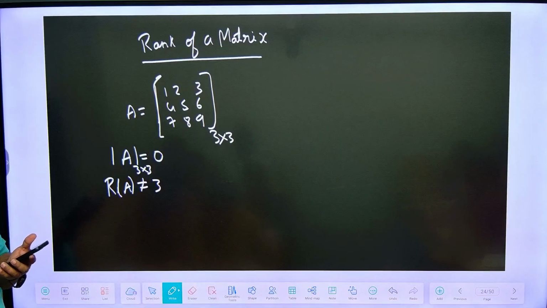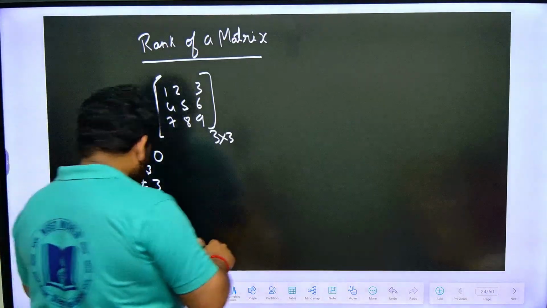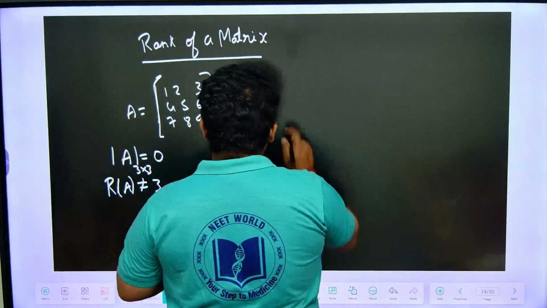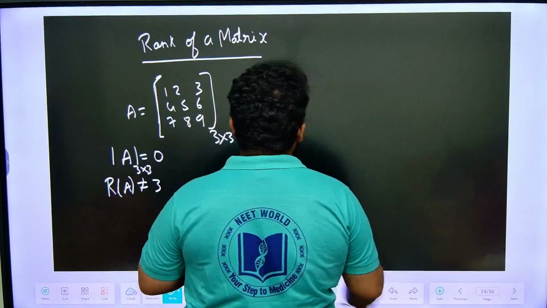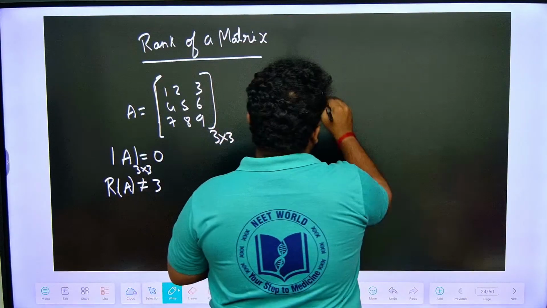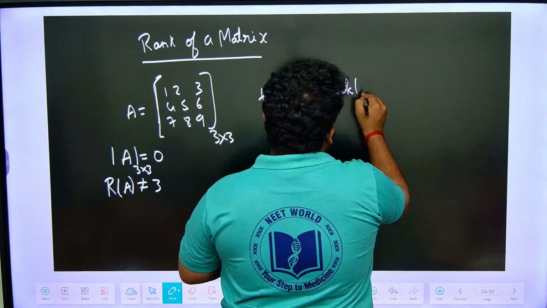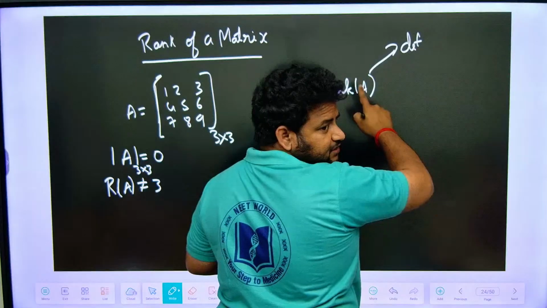So, to find rank, there are two methods. Please write down, important. To find rank of A, there are two methods. One is the determinant method, finding the determinant.